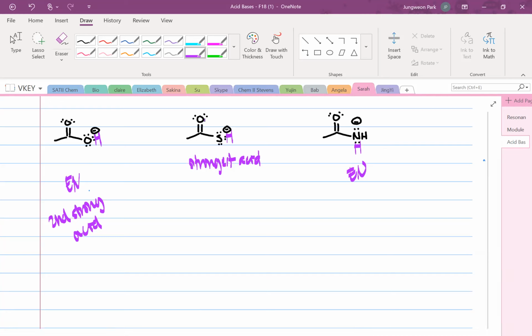The middle one would be the weak acid, and the third one would be the strongest base. The middle one would be the weakest base, right?